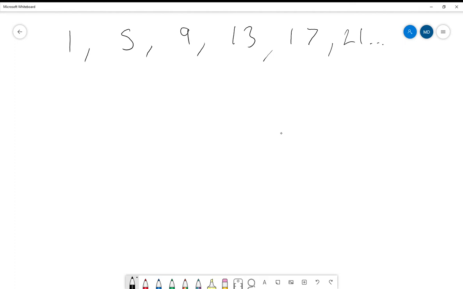If I call this U1, U2, U3, U4, U5, and U6, then our Un, i.e. the nth term, is going to be equal to 4n, because it's going up in fours, minus 3. And this is our closed form.